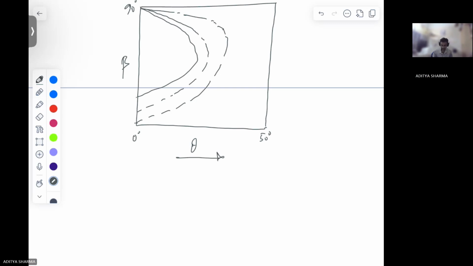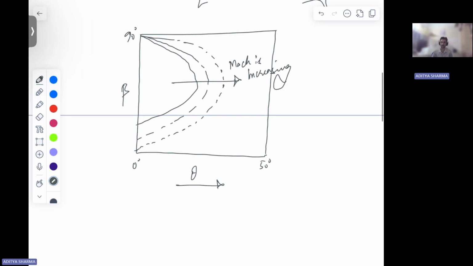So in this direction, your Mach number is increasing.